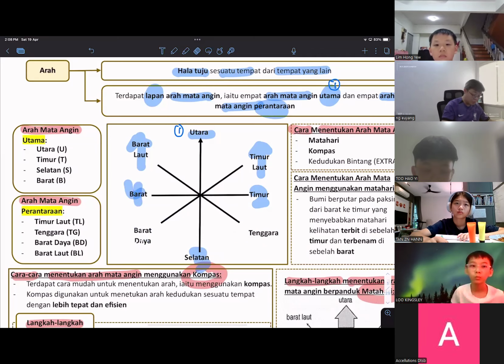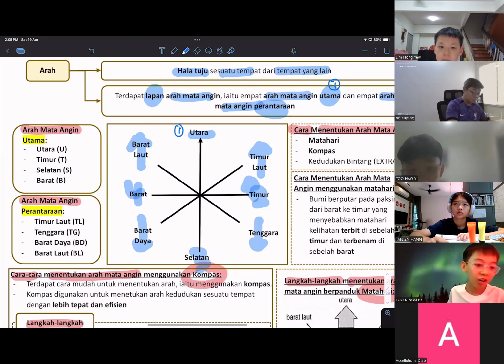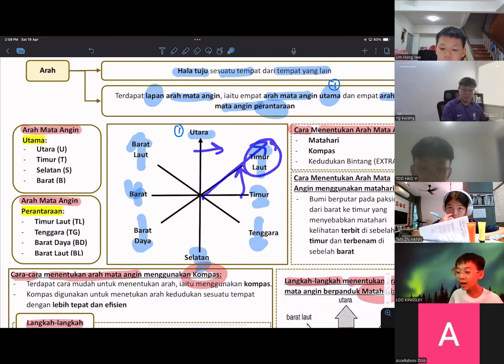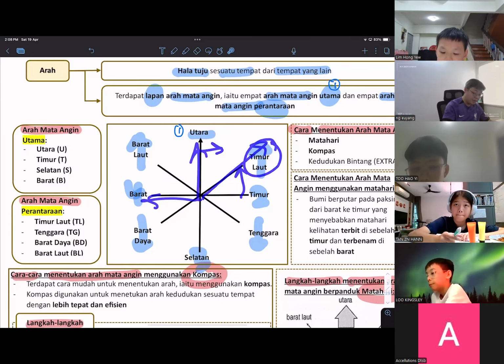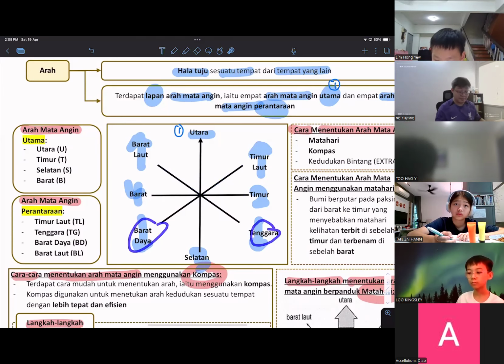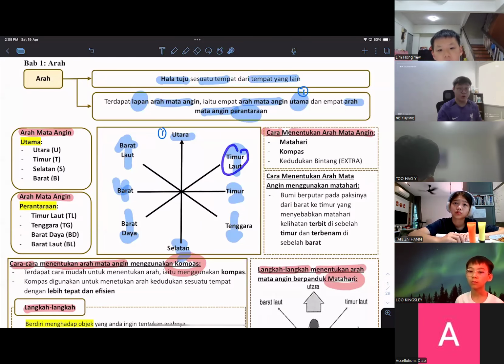Okay, so please try to do your short notes. Timur and utara, timur laut. Barat and utara, barat laut. Tenggara, barat daya, doesn't matter, right? For the arrow here, how you would like to highlight is on your own preference.